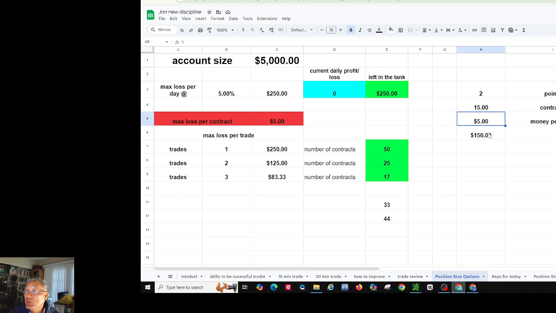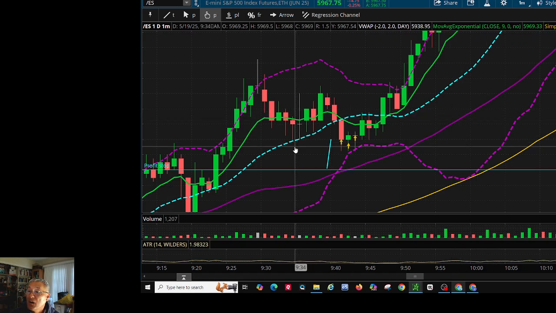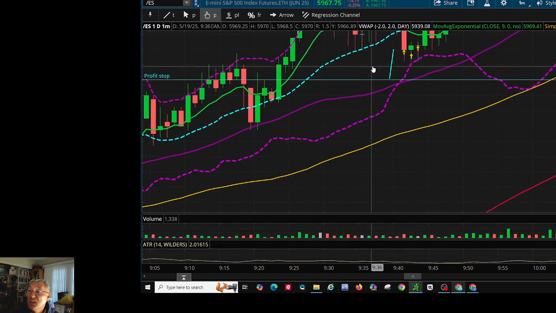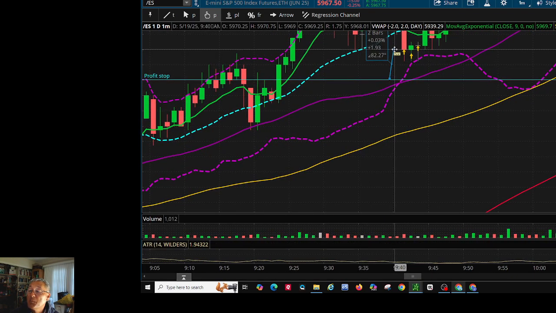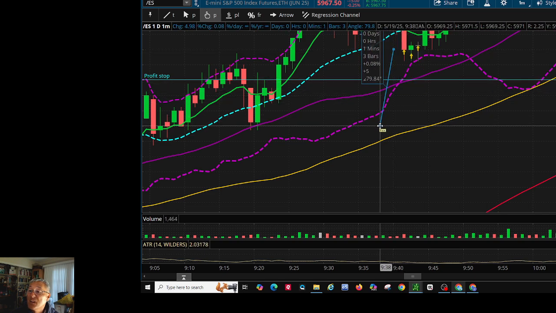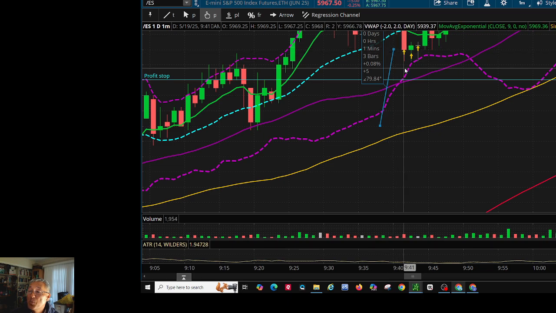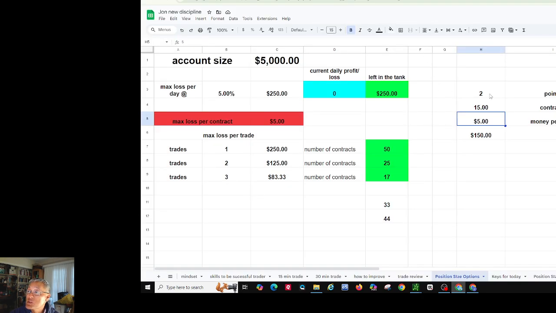And so we're really only adding $25 worth of risk by adding size and reducing our stop from 5 points to 2 points. Had we risked a whole 5 points here, we'd be risking $375.